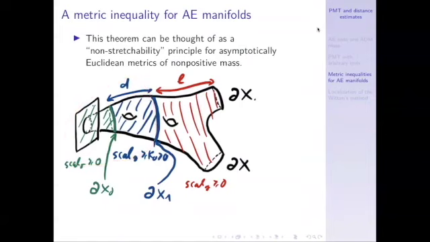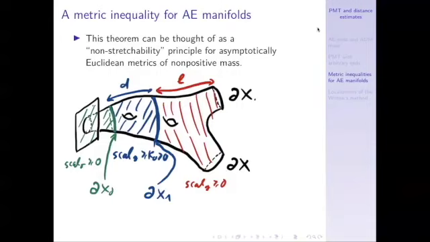And now we want an inequality that involves, well, the distance D between the boundary of X0 and the boundary of X1, and the distance L between the boundary of X1 and the boundary of X. And our curvature assumptions are that the scalar curvature is greater or equal than a certain constant κ0 that I will normalize as κ times n times n minus 1, and that the scalar curvature is non-negative everywhere.